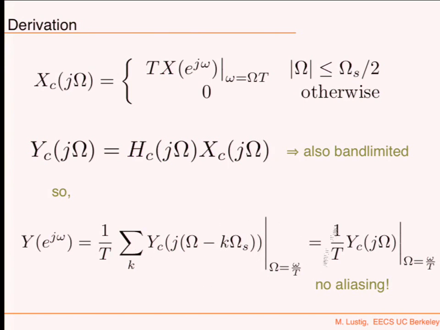And so what I get, right, is 1/T Y_c(jΩ), where Ω equals ω over T. The thing is that there's no replication because this was band limited. So when I sample, I just get basically minus pi to pi. Okay? Within the same bandwidth. Okay? So there's no replication.